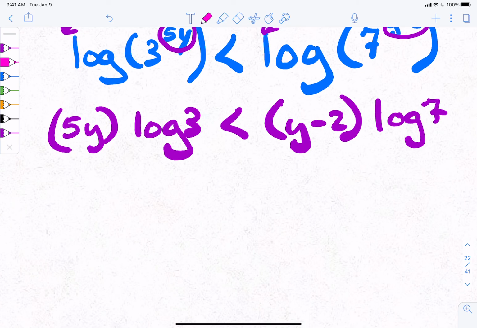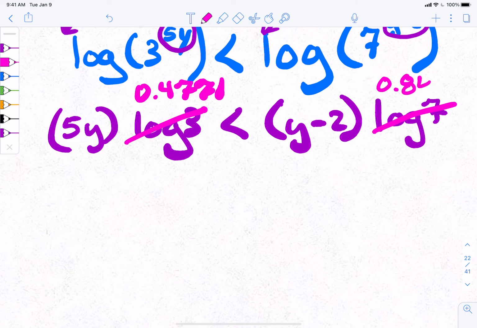So log 3, I can type that into my calculator. What is log 3? It's a decimal. Give me 4 decimal places. 0.4771. Okay, what is log 7? 0.8450.